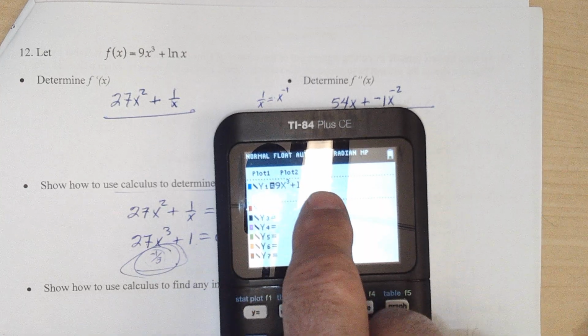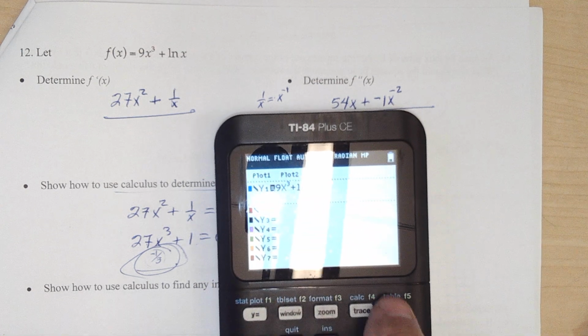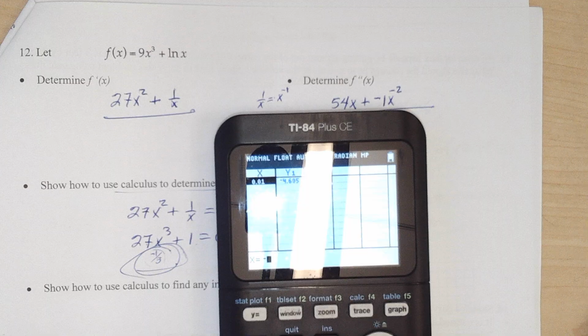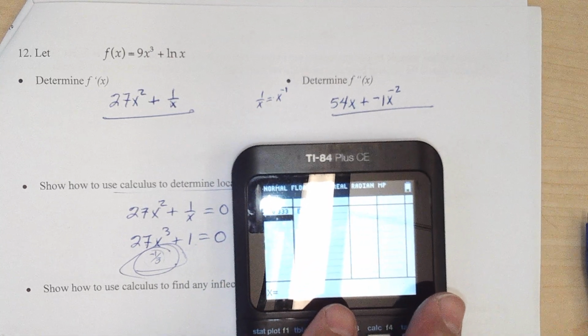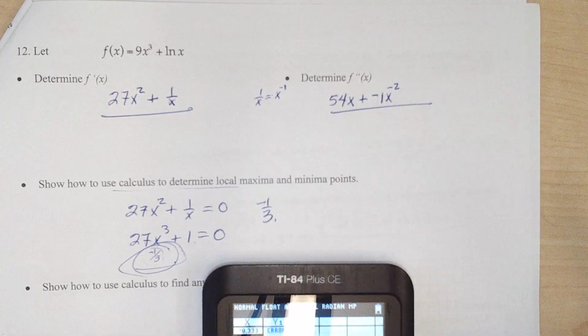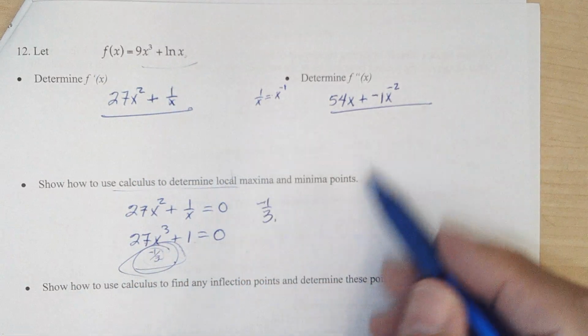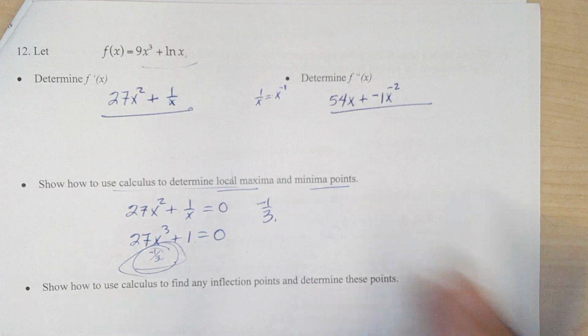And I just want to put in place of the x's negative 1/3, so I can go to second table and type in negative 1 divided by 3. And there's an error. Oh, yeah, because ln doesn't exist at negative numbers. This doesn't exist there, so there is no max or minimum.